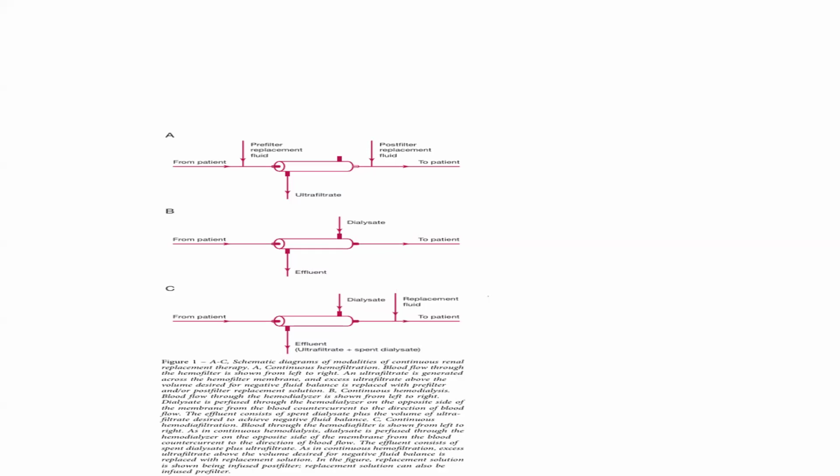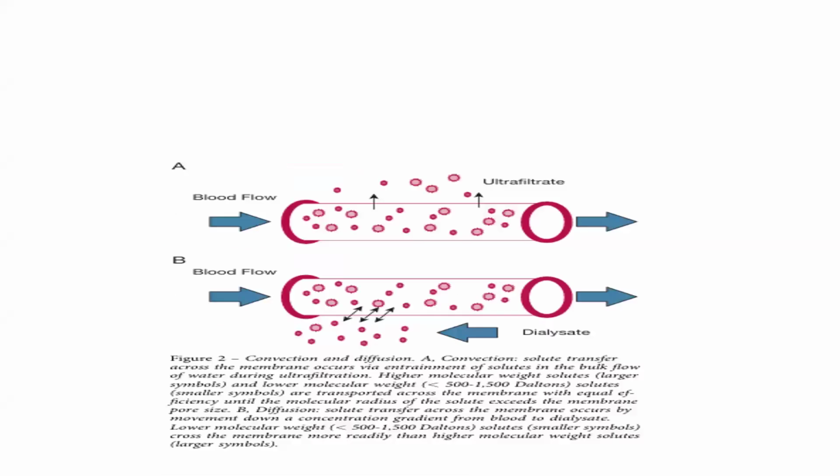So this is the schematic diagram of the modalities of the CRRT. Now this explains the mechanism by which CRRT works, which is mainly convection and diffusion. In convection, solute transfers across the membrane via entrainment of the solute in the bulk flow of the water during ultrafiltration.